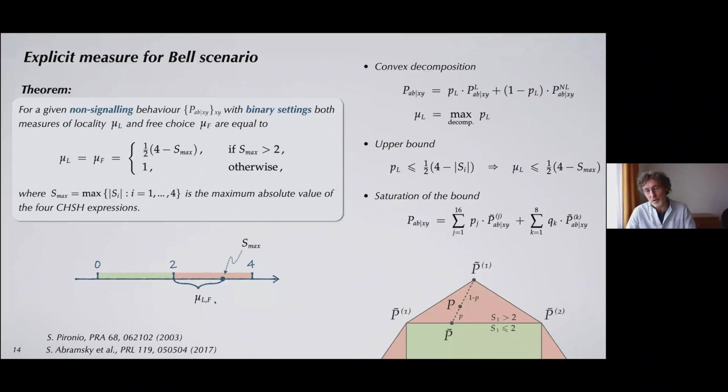So it gives you an interpretation of the amount of violation of CHSH inequalities. So what is the interpretation? It is the maximal fraction of trials in which you can be local and free in order to simulate this scenario.